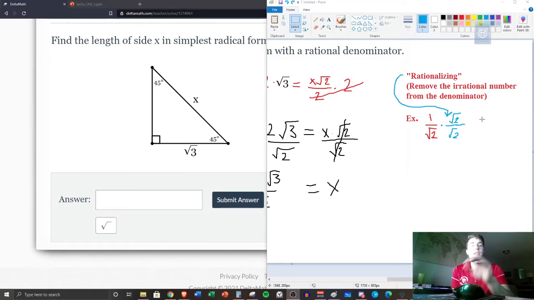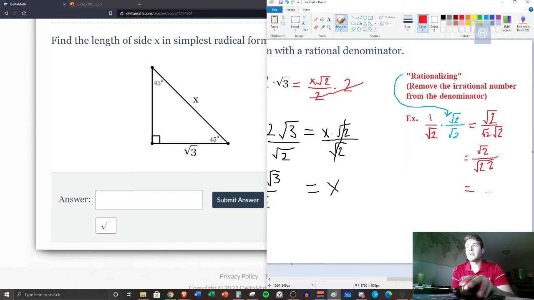So let's talk about what happens here. When you multiply fractions, you multiply straight across. This becomes square root 2 over square root 2 times square root 2. We've already seen an example where we're multiplying these radicals. So what does that become on the bottom? Well, remember, the rule for radicals is to multiply them together.